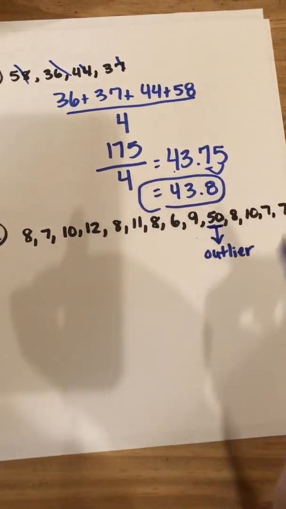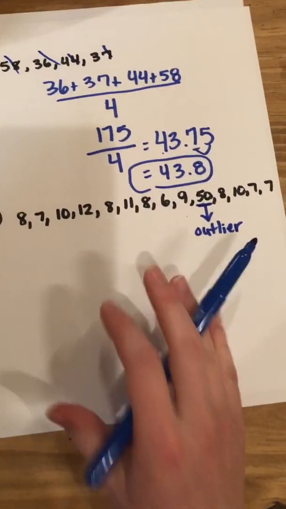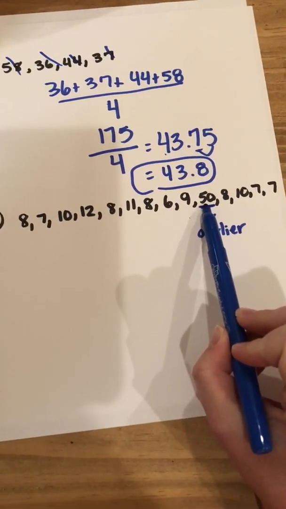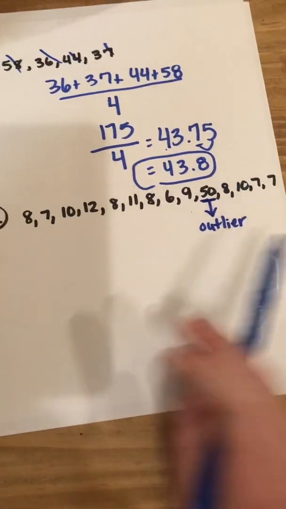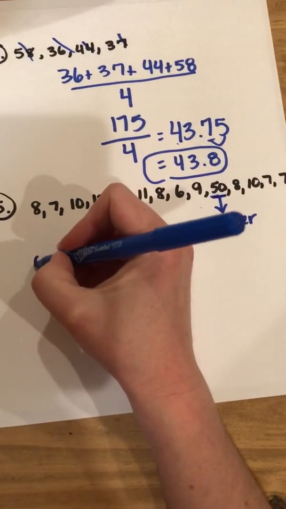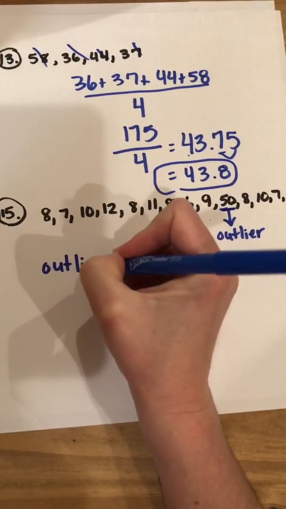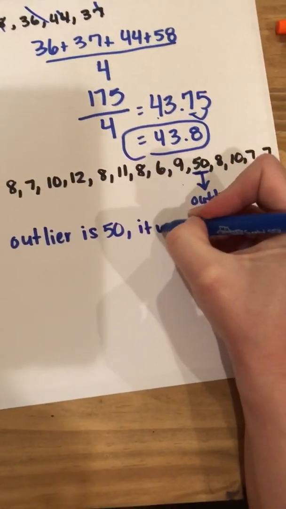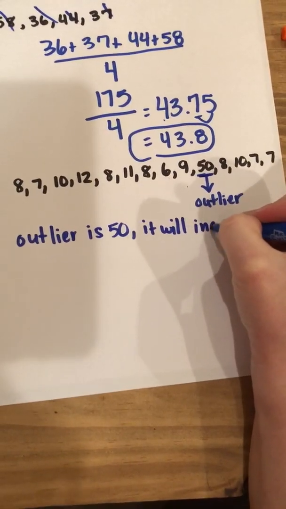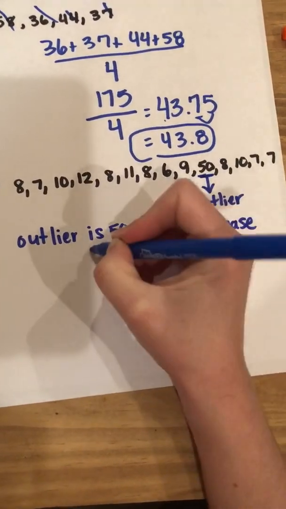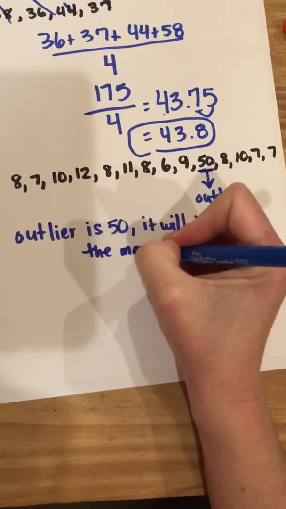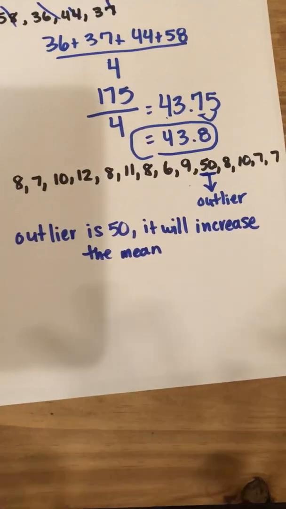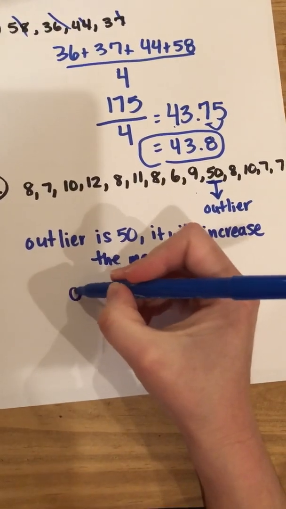So what an outlier that is greater will do is increase the mean. So the outlier is 50 and it will increase the mean. Think about your average. So let's just say in your grade point average, let's say you have an 80.